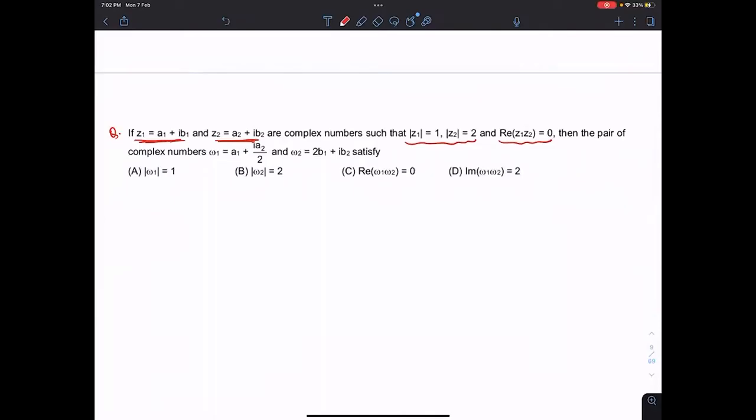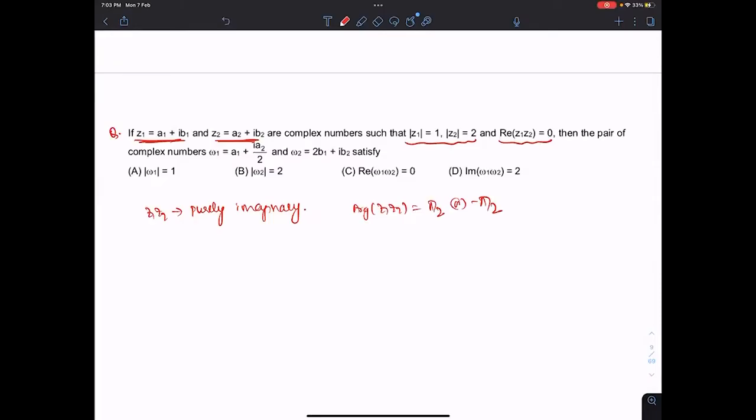It means Z1, Z2 is purely imaginary. If any complex number is purely imaginary, then its argument will be either pi by 2 or minus pi by 2.